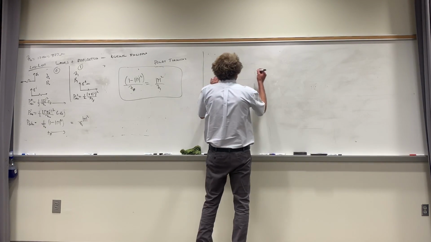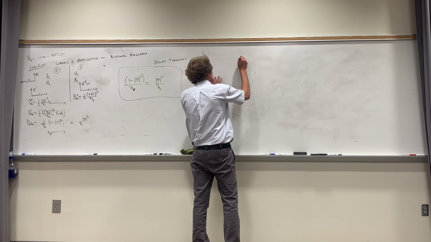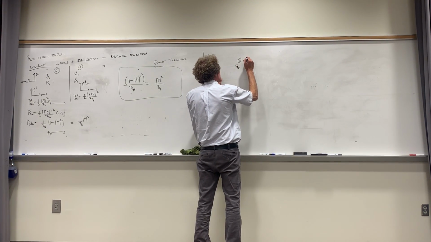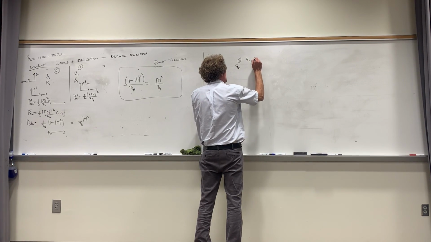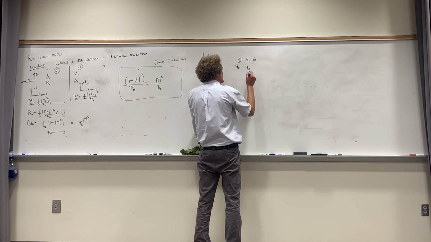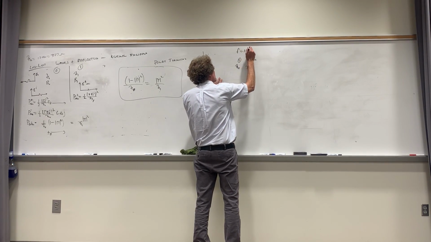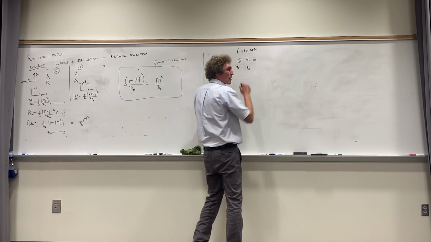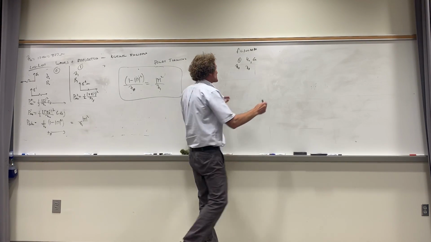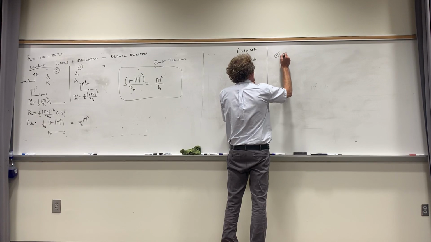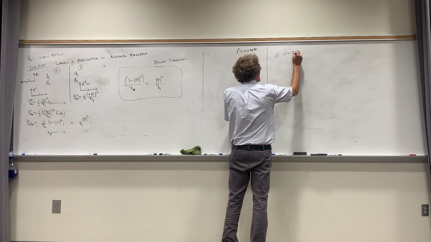Let's say I have a region, and in the first region I have mu naught, epsilon naught, which means eta naught, and we're going to assume a frequency of 100 megahertz. The second region is going to have epsilon equal to 2 epsilon naught.